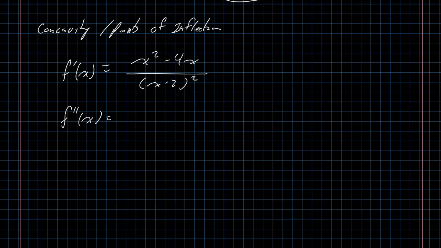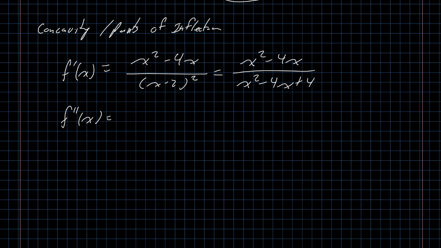All right, so derivative of numerator times denominator. Actually, this is probably going to be a little bit easier if I remember that x minus 2, the whole thing squared, is x squared minus 4x plus 4.